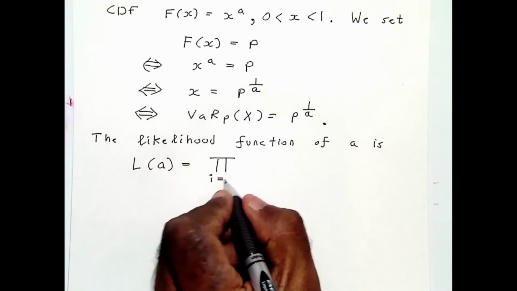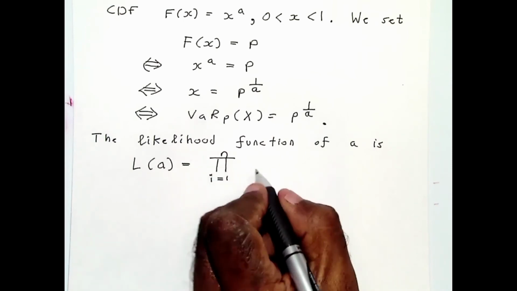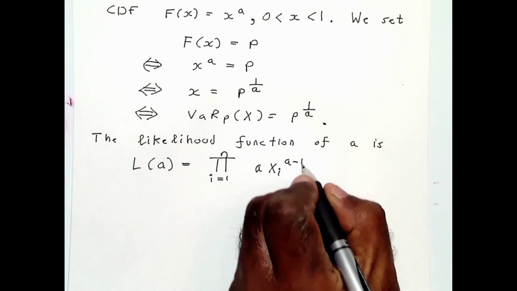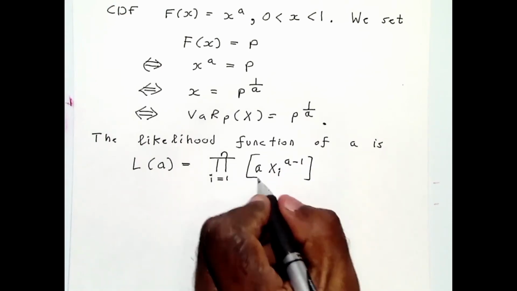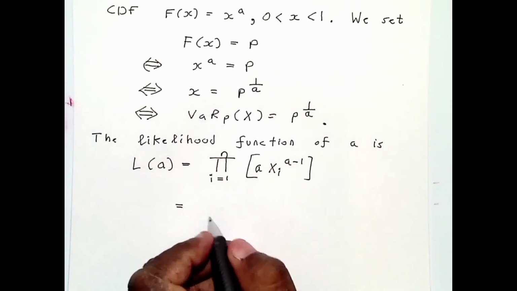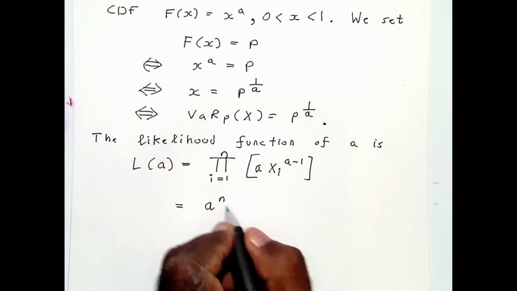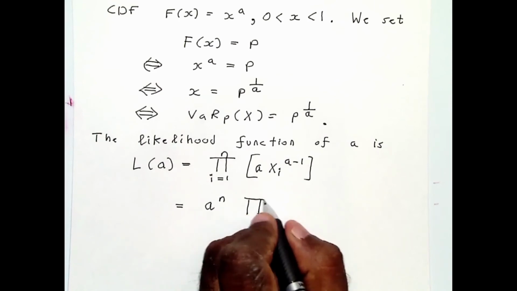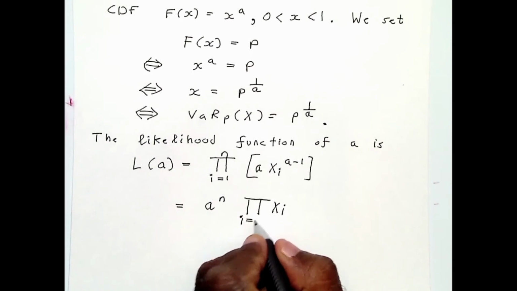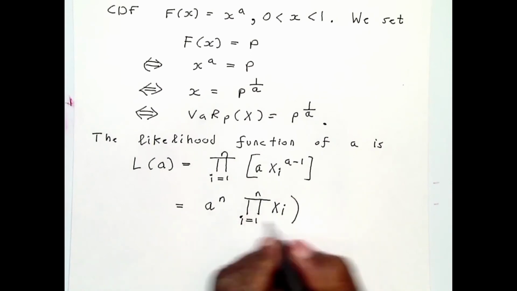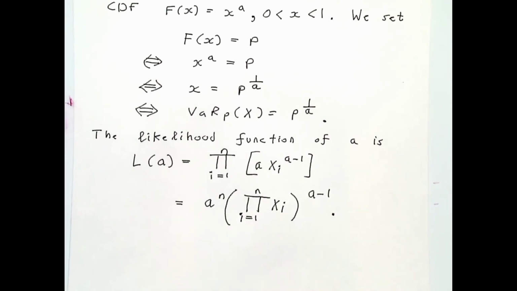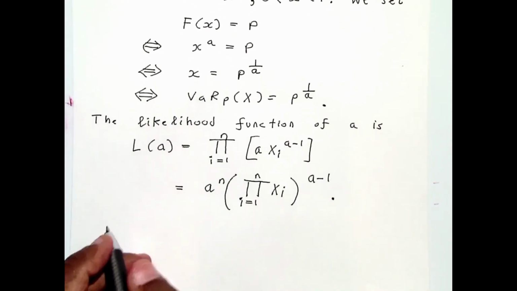So you need to differentiate the CDF with respect to x to get this. This is the density of this, right? Now, if you simplify this, this becomes this, right?